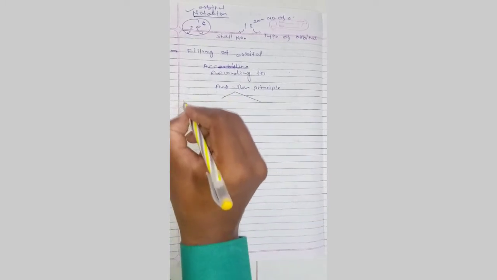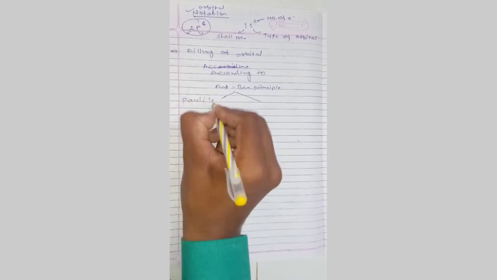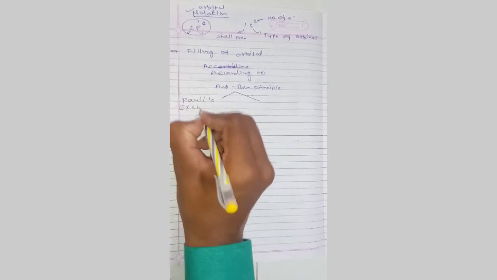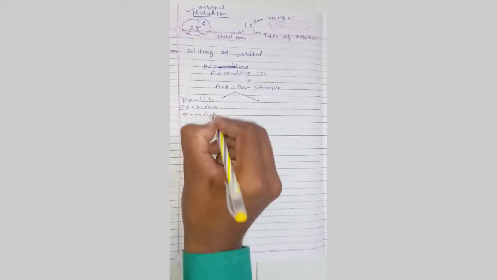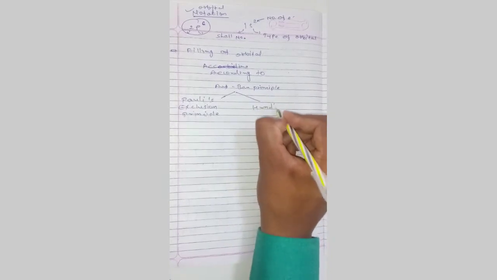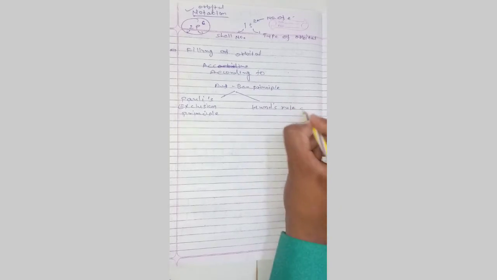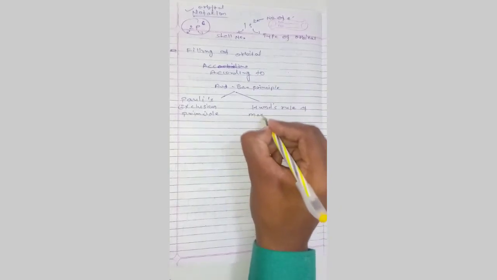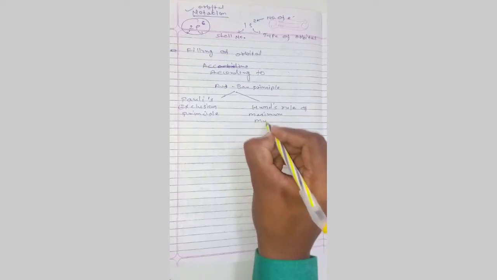Number one, Pauli's exclusion principle, and number two, Hund's rule of maximum multiplicity.